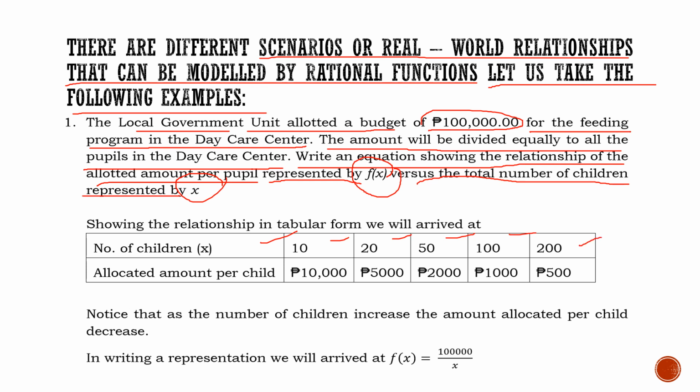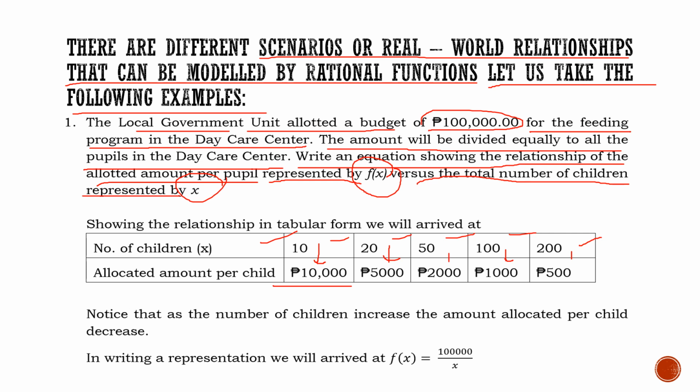The allotted amount per child is 10,000 for 10 children, 5,000 for 20 children, 2,000 for 50, 1,000 for 100, and 500 pesos for 200 children.